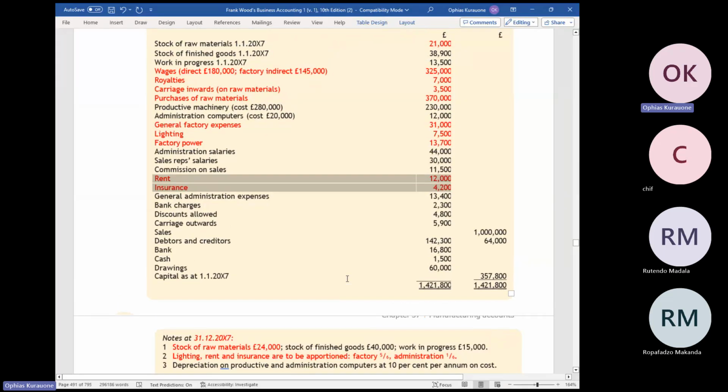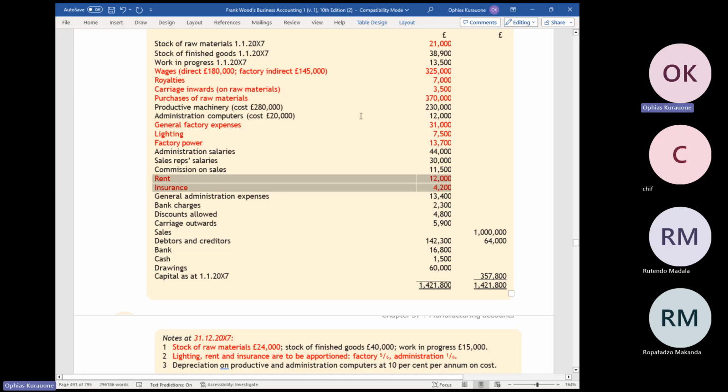So we have administrative computer and productive machine. One of my friends was asking why here we've got a cost of 280 and here 230. The cost of purchasing this machinery was 280, but the value now is 230.